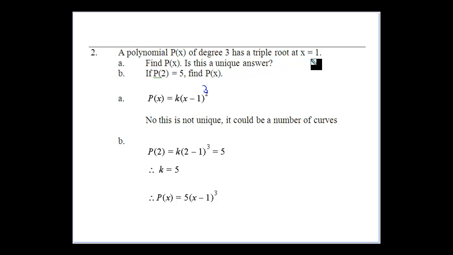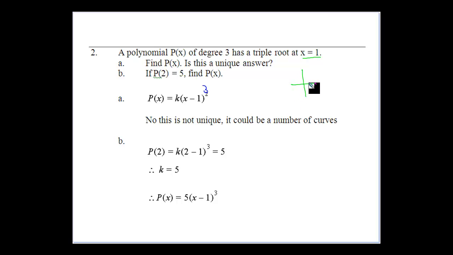So looking at question 2, a polynomial has degree 3 and a triple root at x equals 1. So find a polynomial. Is it a unique answer? Well, not necessarily, because if you've got x minus 1 as a triple root, so x minus 1 all cubed, really you can have a whole family of graphs that would look like that.